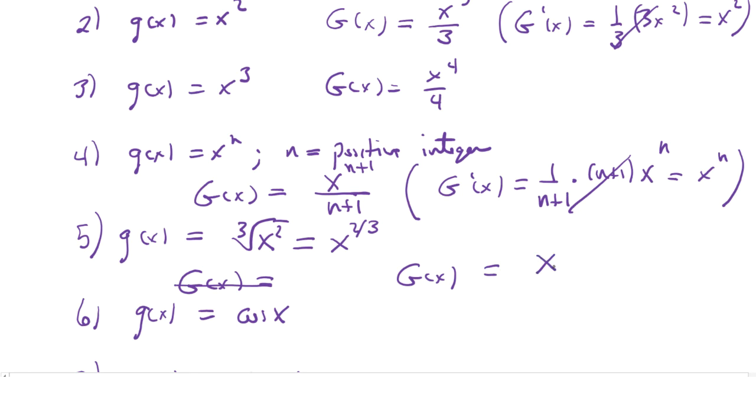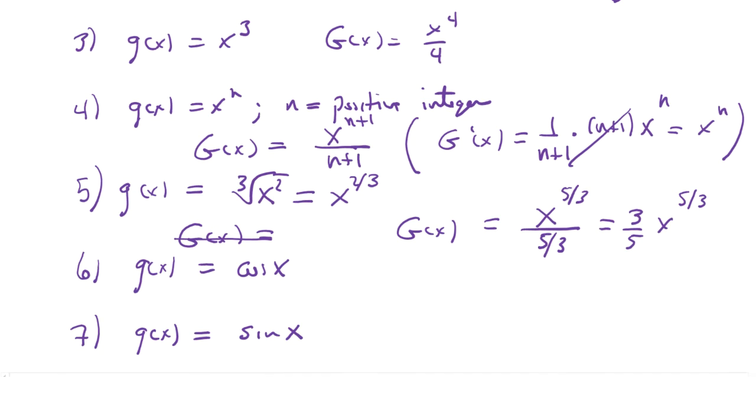Well, if we add 1 to the power, 2/3 and 1, that's 1 2/3, so that's 5/3. And then we would divide by that same power. But 1 over 5/3 is 3/5, so I could write this as 3/5 times x to the 5/3.